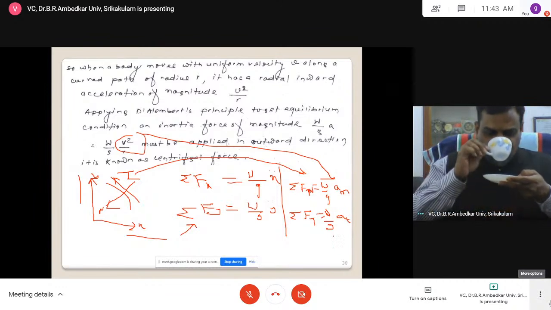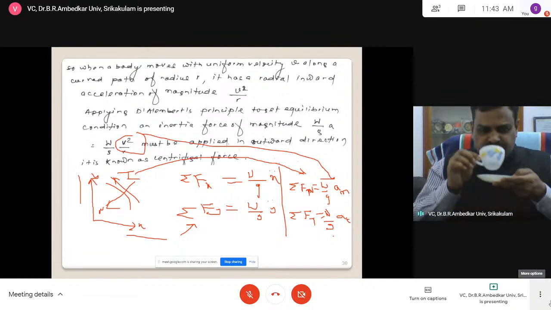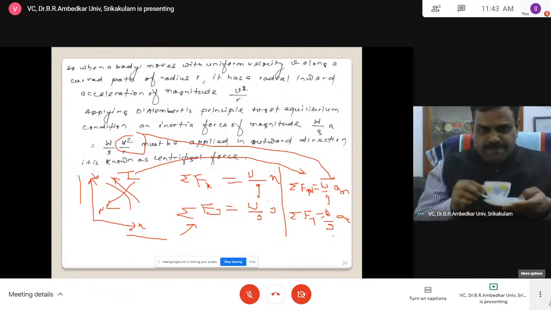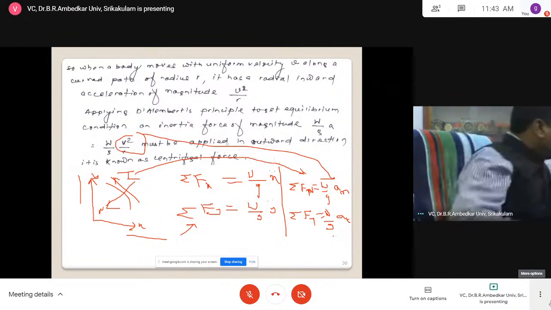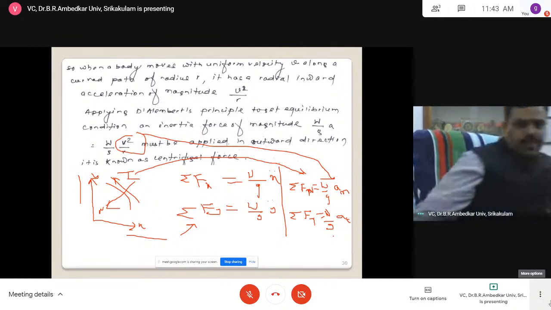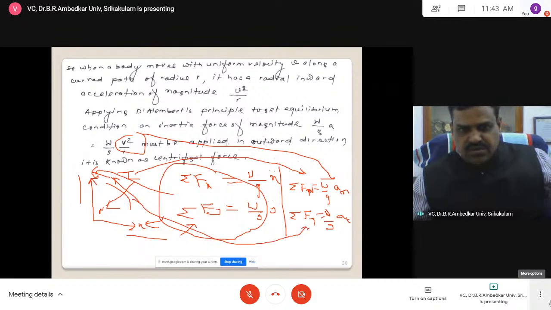That means you can consider any combination. Either this combination belongs to x and y, or this combination belongs to normal and tangential.